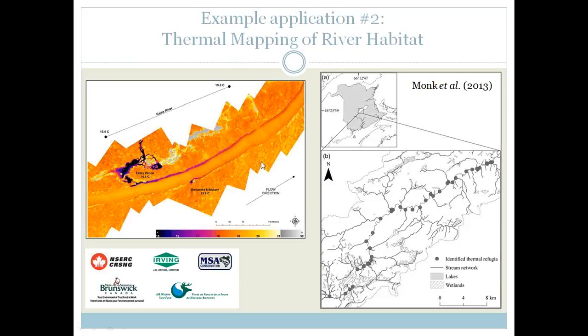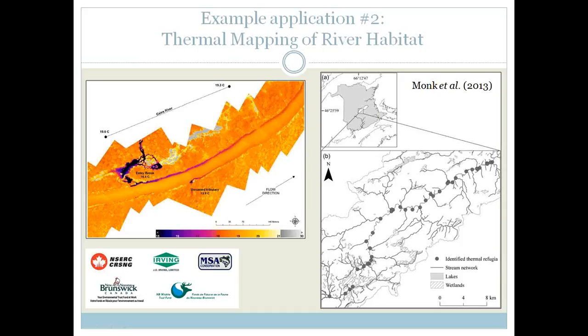So this is all within a GIS system, and then we took along the Cairns River, we went and identified all of the thermal refugia along the reach of the Cairns that had been flown, and they're represented by these grey dots here on the map on the right. And then we again delineated the upstream catchments for each of these tributaries and sub-tributaries that were identified.